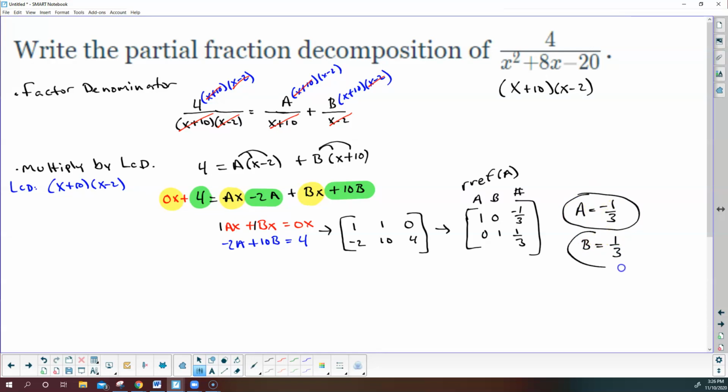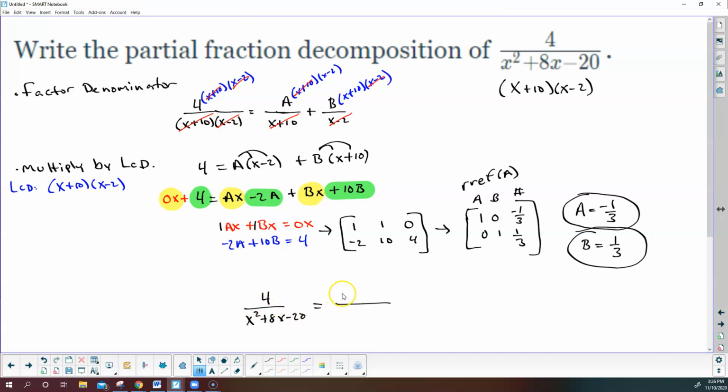So then once you find A and B, you're almost done. You just got to make sure you go back and put them into your final answer. So I always like to write, you can either write the original equation, or it might even be better to write it with factors on the bottom.